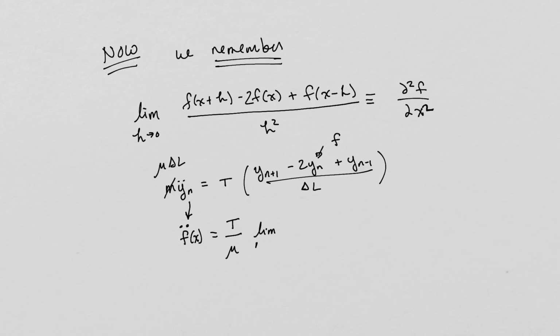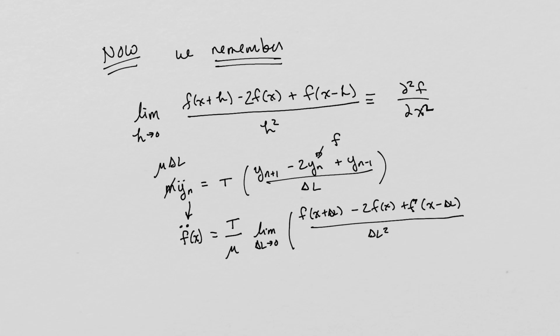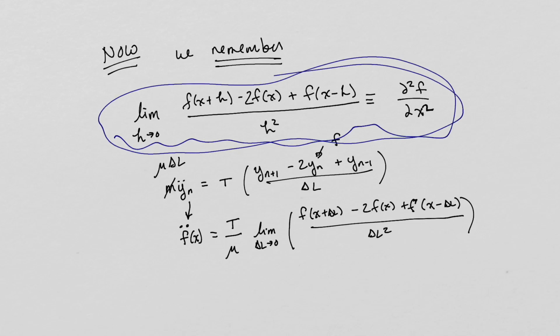In the continuum, I'm going to let delta L go to 0 of, I changed the y's to f's, f of x plus delta L minus 2 f of x plus f of x minus delta L divided by delta L squared. Okay, and now, of course, that's just what I had for the second derivative with respect to space. Even the limits work out, and unlike when I was working at the board, I'm 100% confident that all of the h's and everything are in the right place.